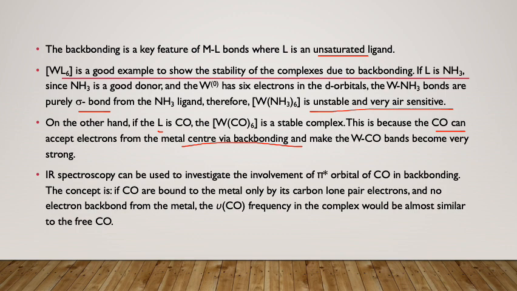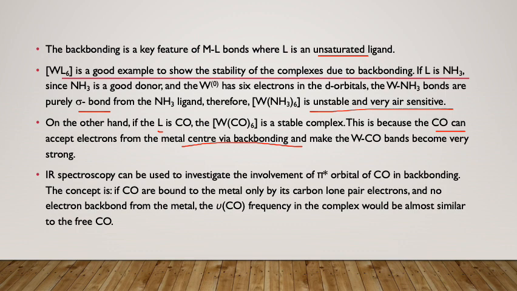Okay, the phenomenon can be investigated by looking at the IR spectroscopy of the compounds. The IR spectroscopy can be used to investigate the involvement of the pi star orbital of CO in back bonding. How is it?